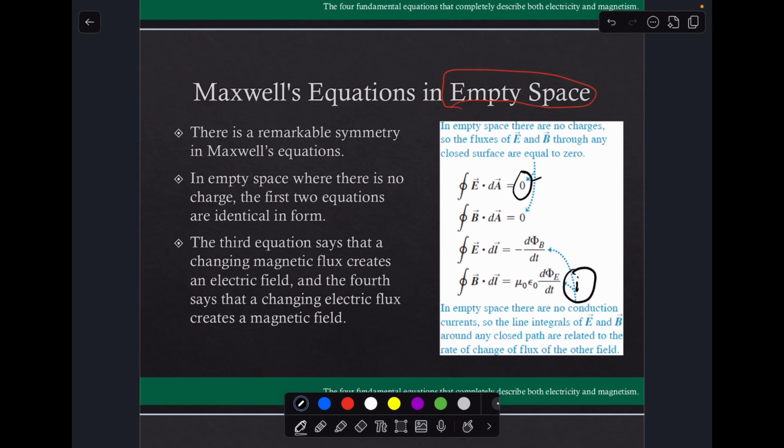So in empty space, there's no conduction currents and no charges. We're alone in space. And so the symmetry is even more visible when you're in a vacuum. You can see how completely symmetric and interesting and cool Maxwell's equations are.